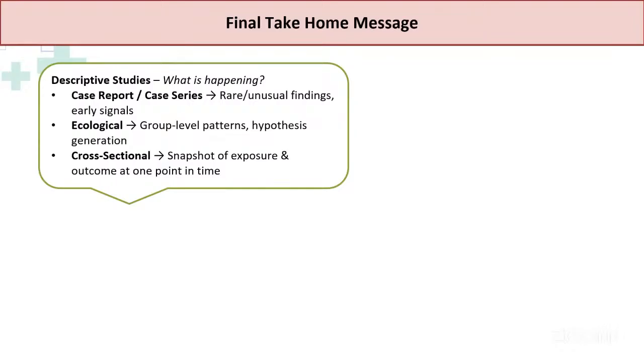Ecological will give us group level data and it will generate the hypothesis for future researches. And cross-sectional study will give a snapshot of the exposure and outcome at one point of time. And it's the first step where we will get the answer of who, when, and where.